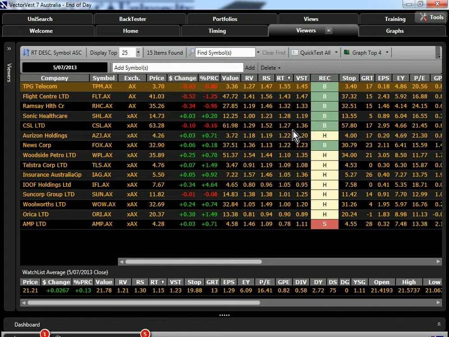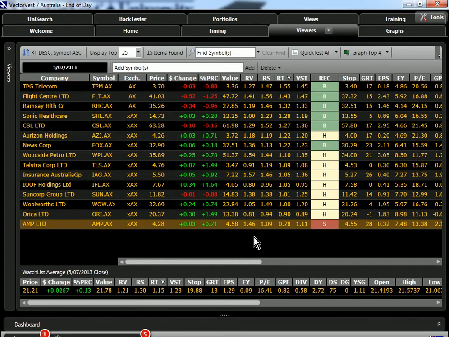And the first thing that you want to do is you want to identify stocks that have an RT of less than 1. And all you have to do is start at the very bottom and work your way up. So let's analyze the bottom stock here. We can see clearly it has a sell recommendation. Well, AMP has a price of $4.28. We think it's worth $4.58. So far, so good.